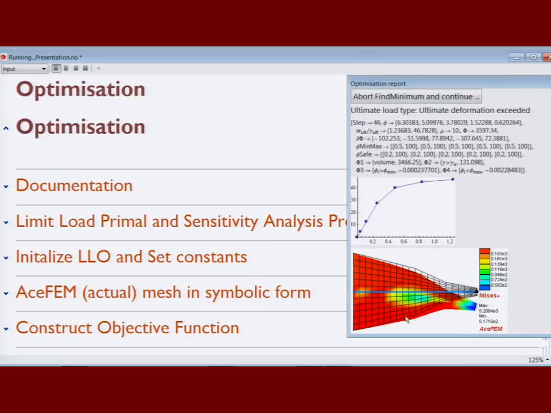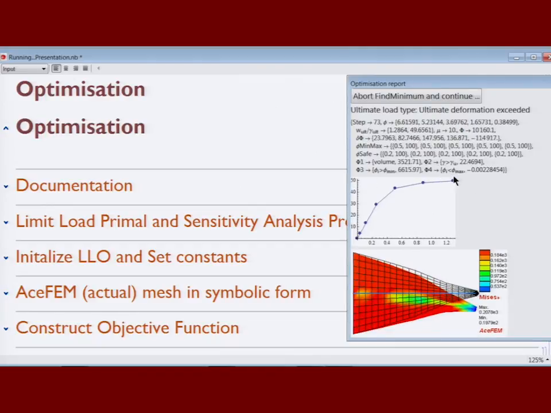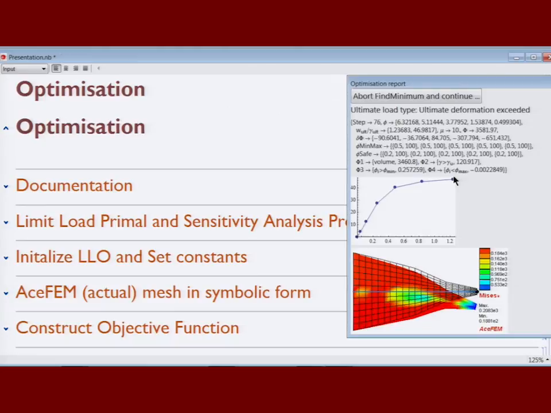What is the good solution? The good solution is the one that would be completely red. The red means that we have reached plasticity, so that the material gave up. And at the same time, the curve has to reach 50. The 50 is the prescribed load in this case. So these iterations are going on. Okay, it's done.